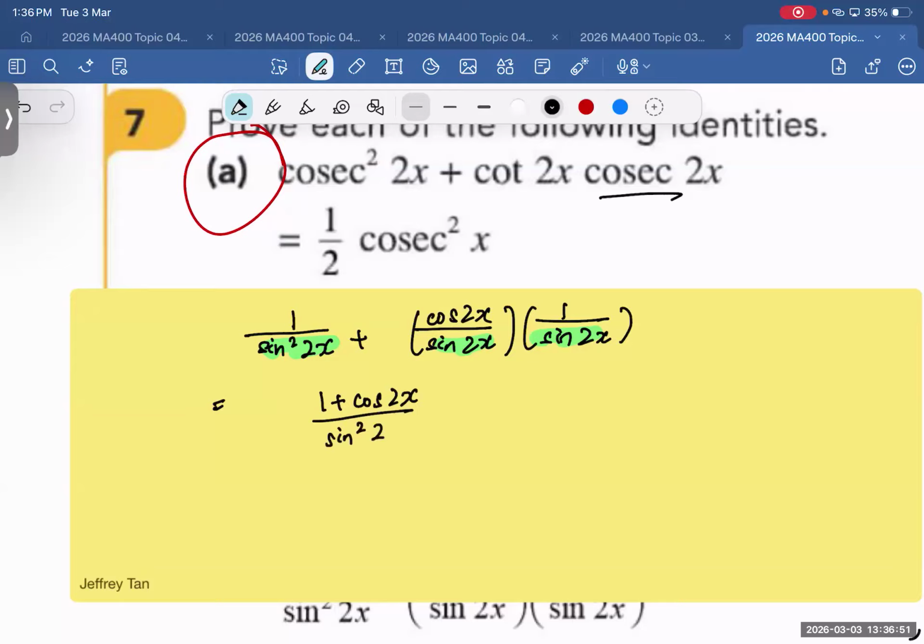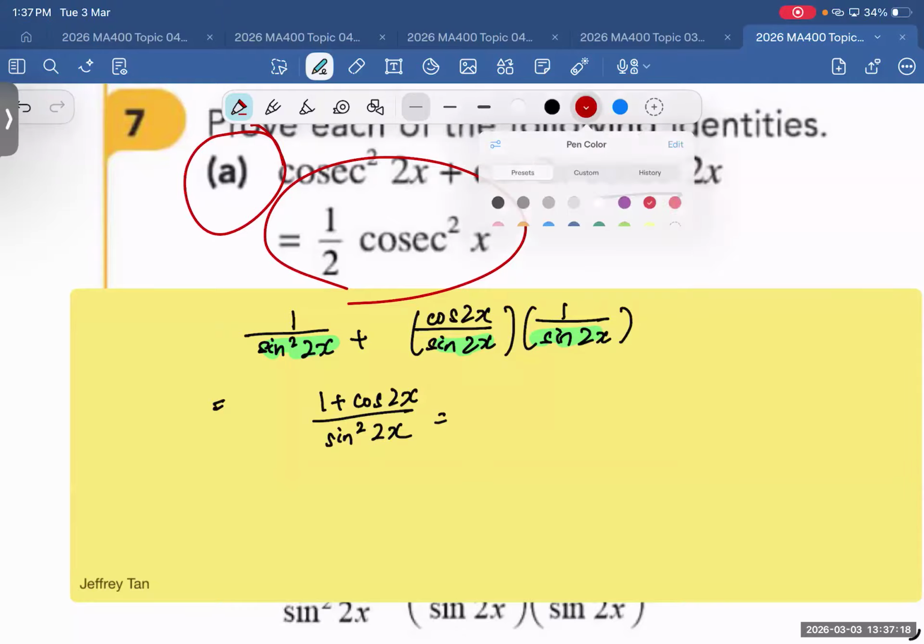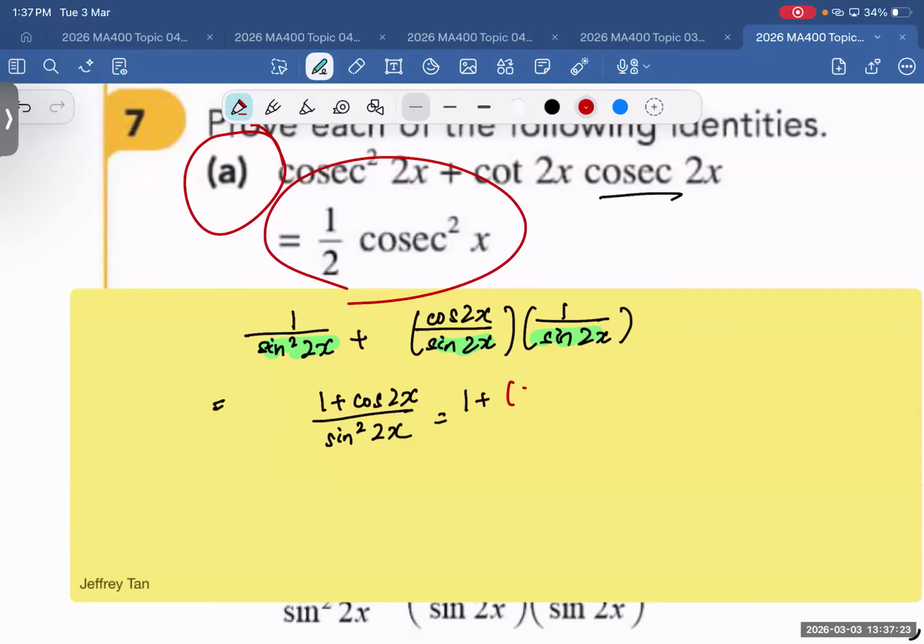Okay, after that, what do I do? Remember, when you see a 1 and a cos 2x, remember during practice, what do I do? Try to cancel the 1. So I'm going to change this to 1 plus 2 cos square x minus 1.